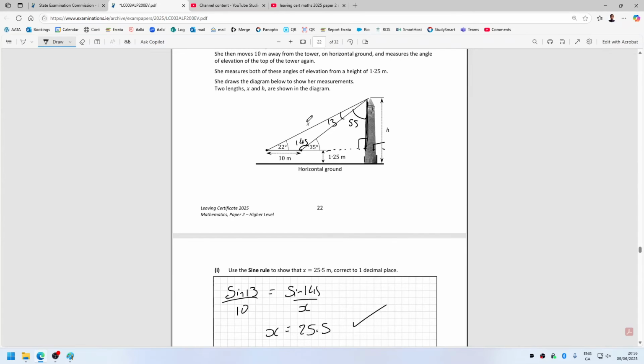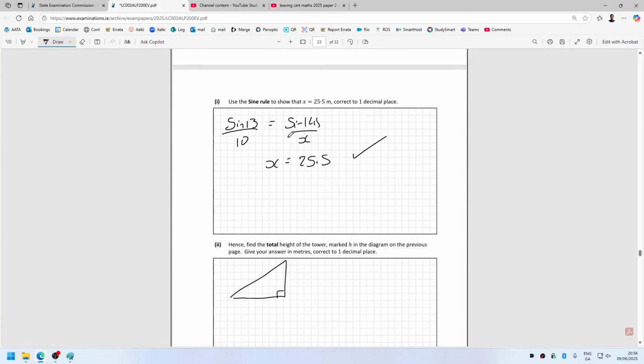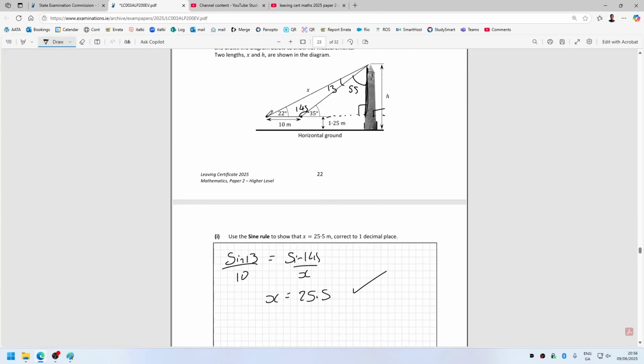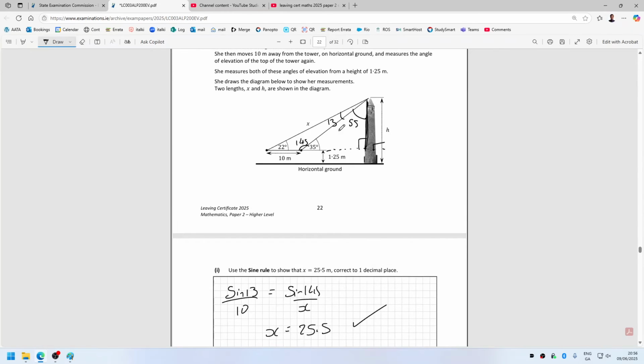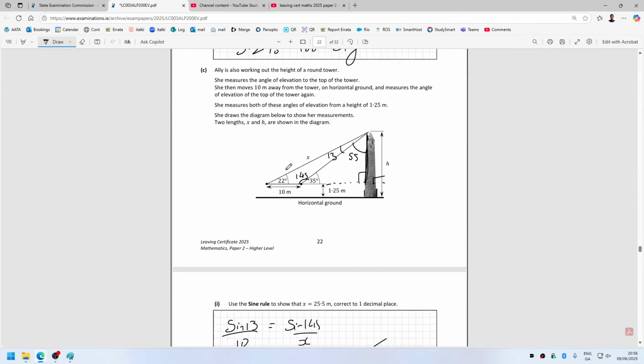So now that we have x, we can just draw this triangle here. The x is 25.5. And then the base, we don't know. But I guess we don't need to know it because we know that that's 22 degrees and that's h.